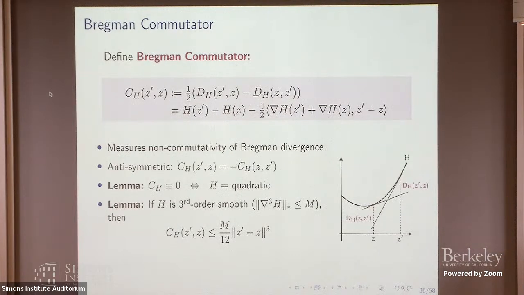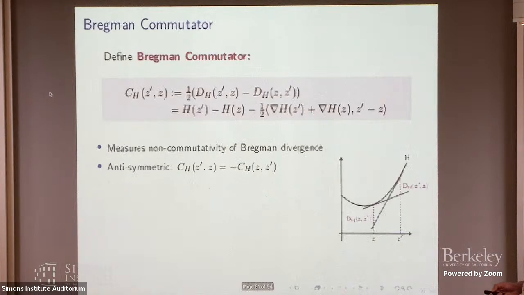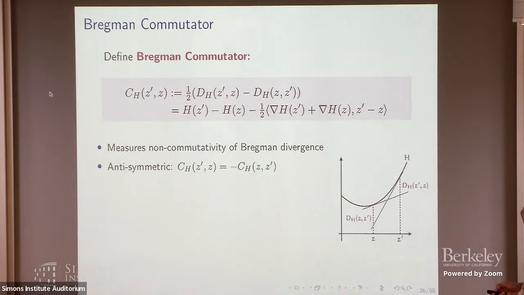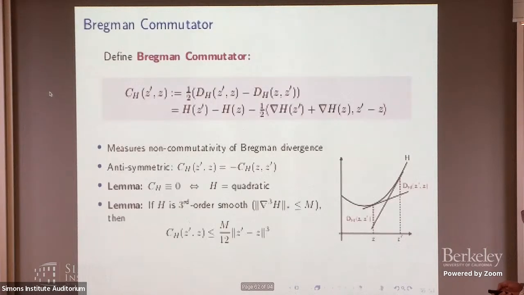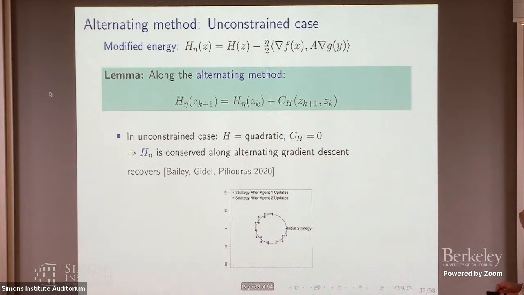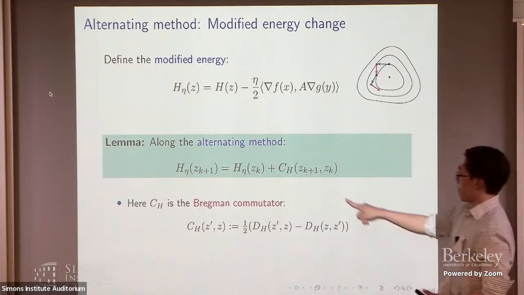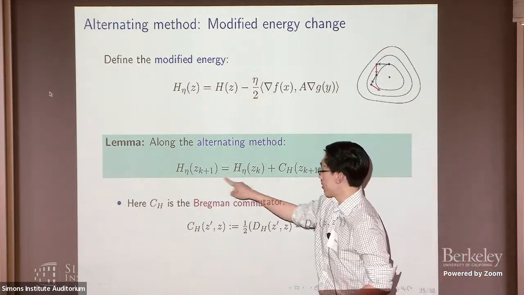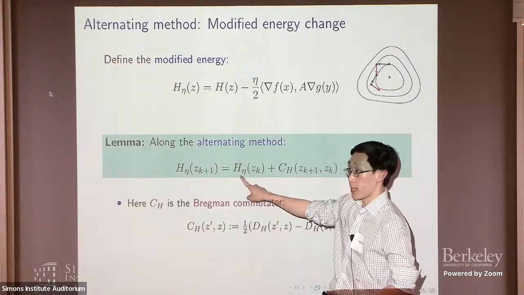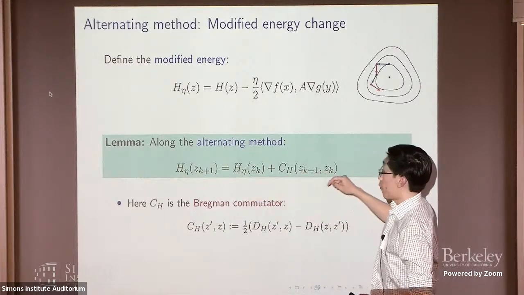Yes. Out of curiosity, I think that you have a plot there where you're trying to explain also the equality geometrically. Is there a way that I should interpret it? No. I mean, in the slide where you speak about the Bregman commutator. Yeah. How should I interpret it besides the difference? You say that the commutator is equal to the difference between the modified energy for this alternating method.